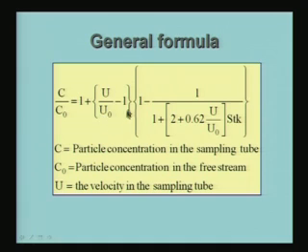This will be a negative quantity if u is less than u naught. Of course, u could be greater than u naught if you have an acceleration of the gas stream when you collect it, and then you have another correction factor which involves u by u naught as well as the Stokes parameter. So, the general formula is this. Based on this only we have given the requirement that Stokes parameter should be less than 0.01 for isokinetic sampling.